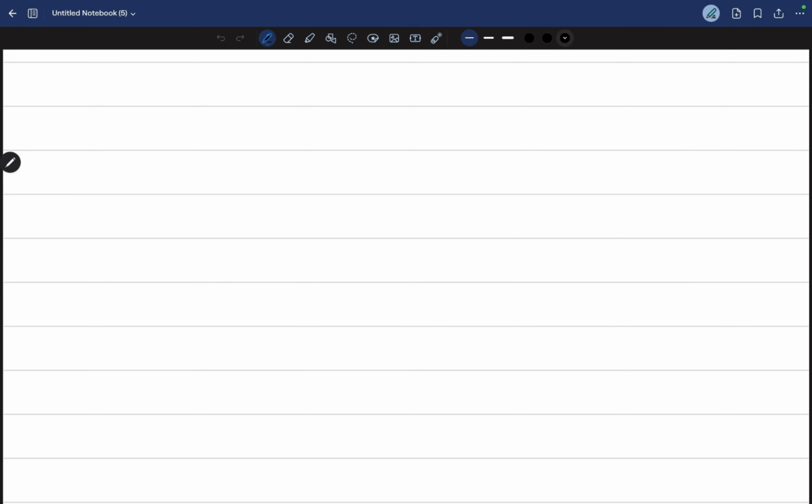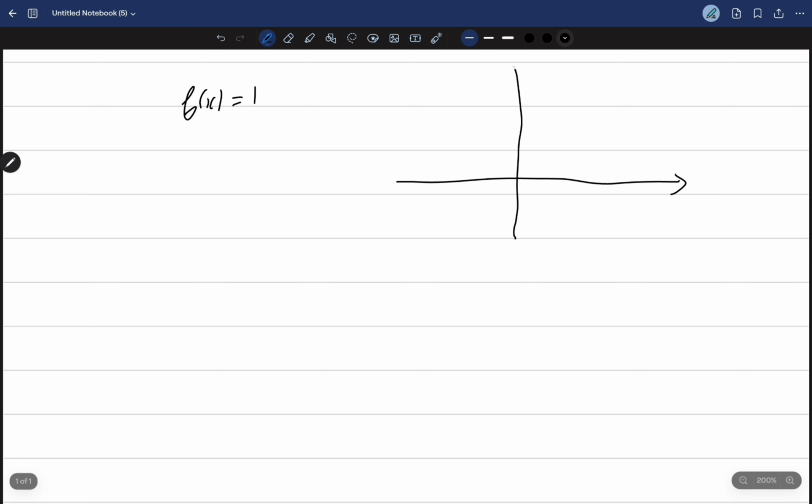Hello, so today I will show how we can take the derivative of any function that could be discontinuous, could be continuous, could be whatever you want. So we know that if we can take the derivative of a function, for example, f of x equal to 1, we can draw it like this.